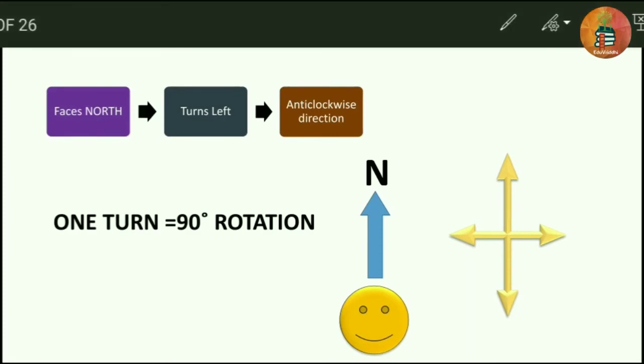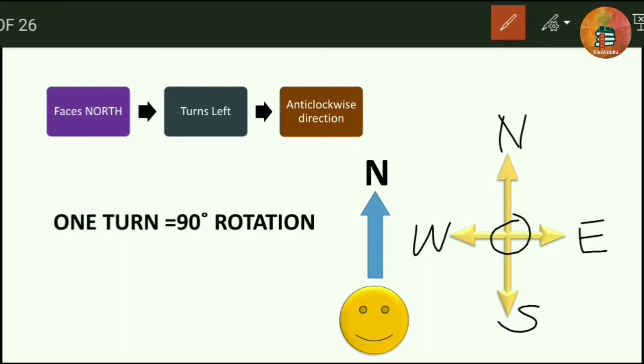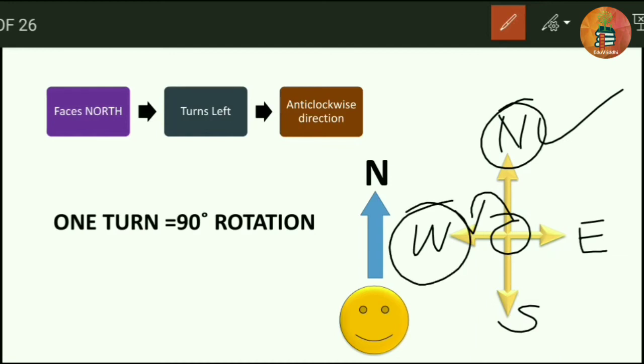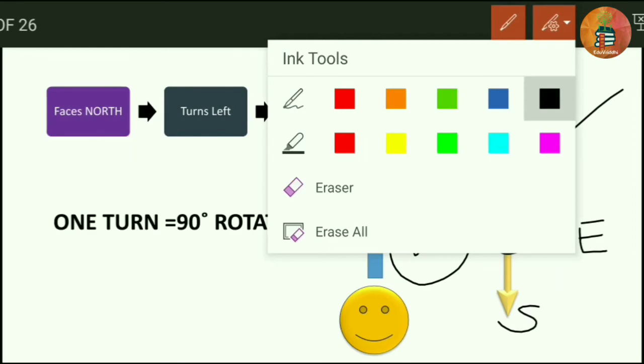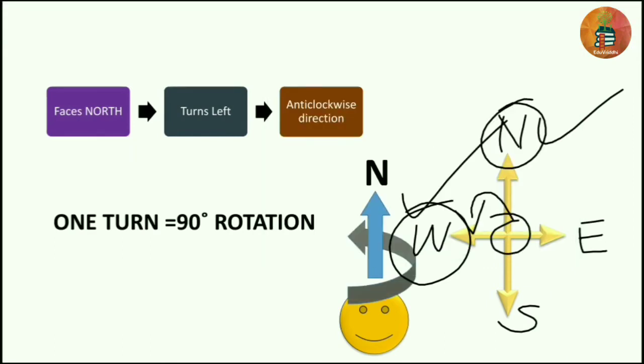So if you take the directions as they are, this is north, south, east and west. Now the person is here, facing towards the north direction. Since he has to turn left, he will turn through 90 degrees towards the left. So finally his face will be towards the west direction. This is the second case.